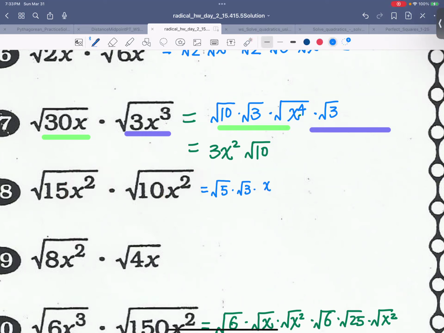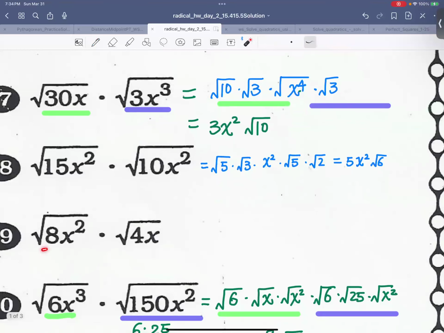Very smart. And then this square root 10 is who? 5 by 2. So it is square root 5 times square root 2. Now, this 2 gives you how much? 5. That is 5. So you do 5 times x squared times who? Square root of 6. Yes, excellent. You made it.